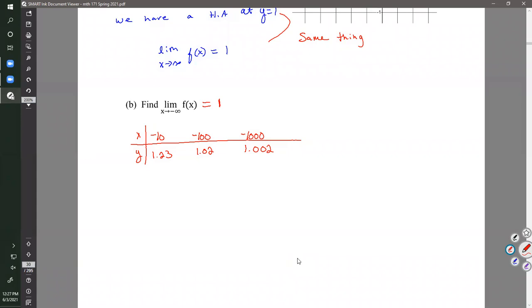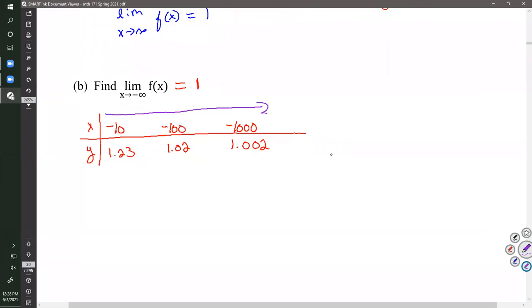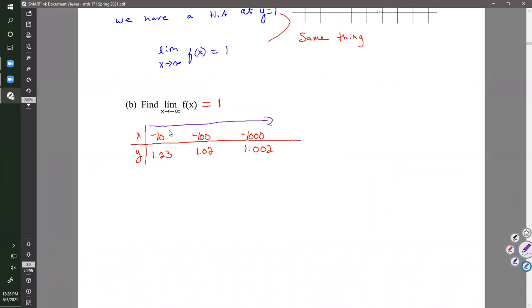So as these top numbers are getting smaller and smaller, going to negative infinity, my y values are going closer and closer to 1.